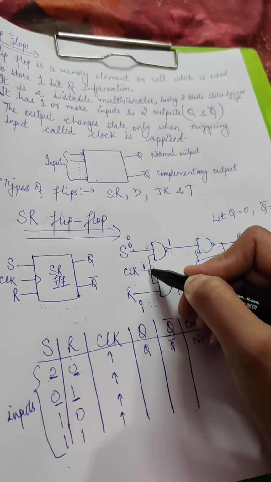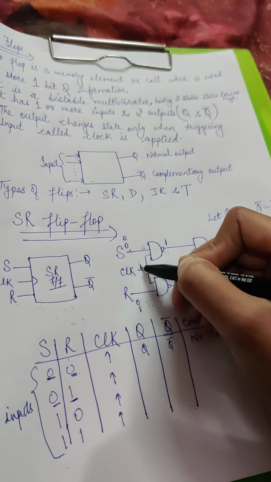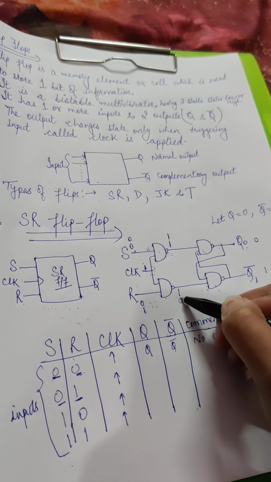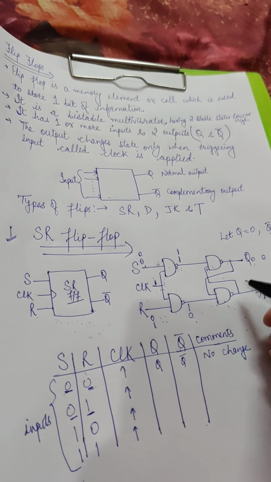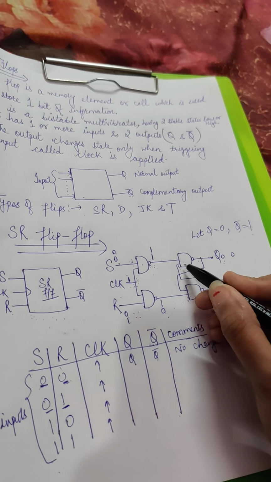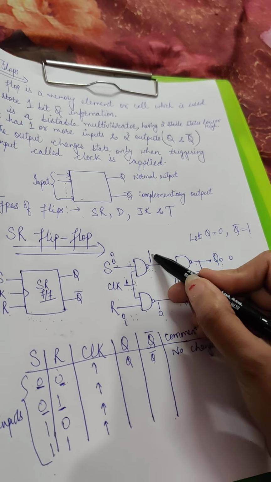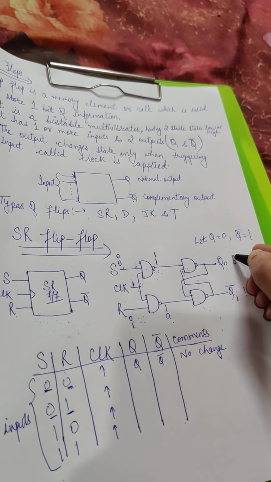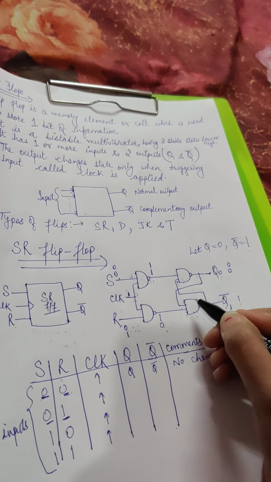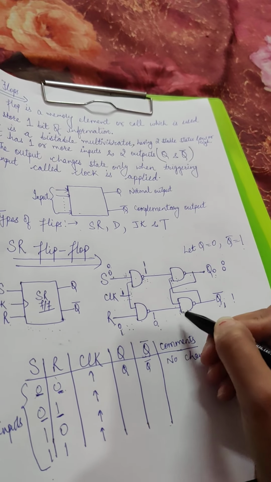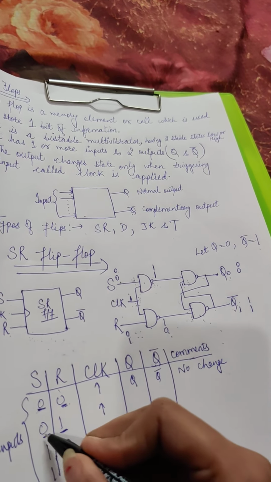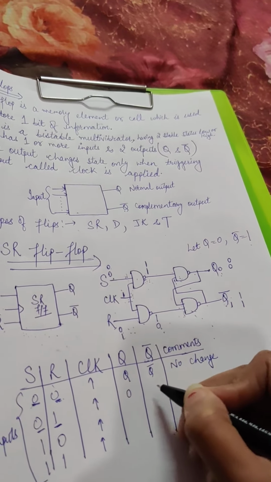So similarly, same procedure. 0 into 1 is 0 and its complement is 1. 1 into 1 is 1 and its complement is 0. इसी तरह से यहाँ पर this Q bar is 1 और ये 1 यहाँ फीडबैक होगा इस गेट में, तो यहाँ पर क्या होगा 1 into 1 is 1 and its complement is 0. ये 0 इधर फीडबैक होगा, this is feedback into this gate, so 0 into 0 is 0 and its complement is 1. So output for 0 1 input is 0 and 1.